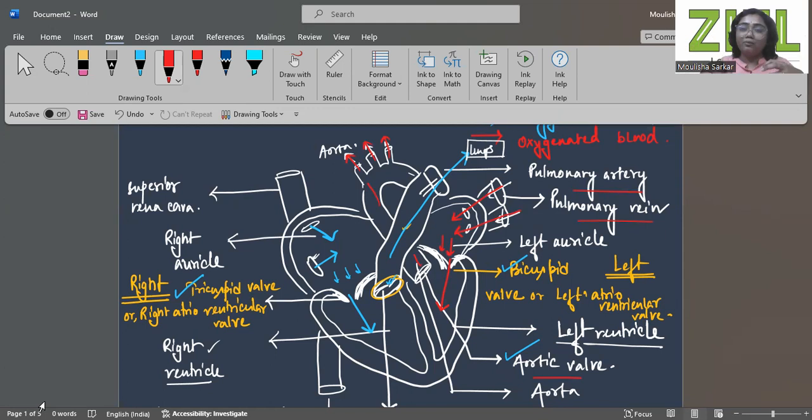Then the valves open, and at the same time the heart is in a relaxed condition. The right ventricle and the left ventricle receive blood from their corresponding chambers. And when the two ventricles are fully filled with blood, the whole heart contracts, so the pressure is increased in both ventricles. Okay, so it's a simultaneous process.